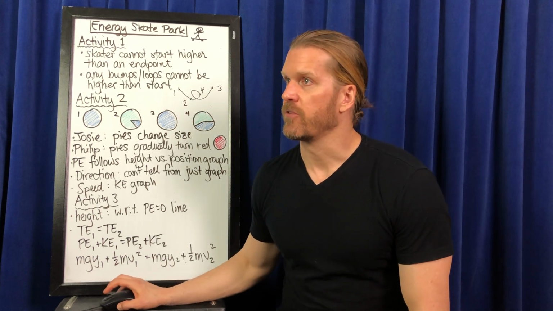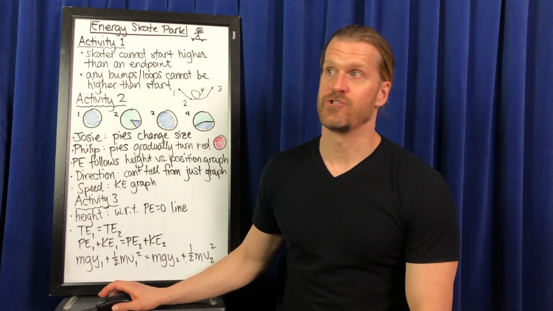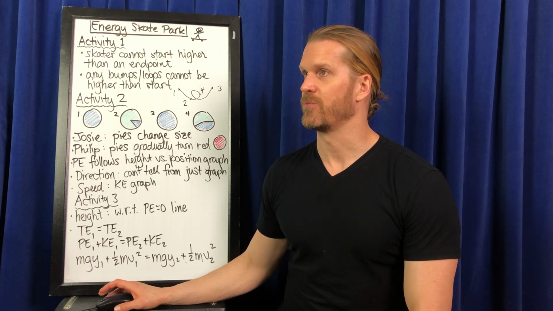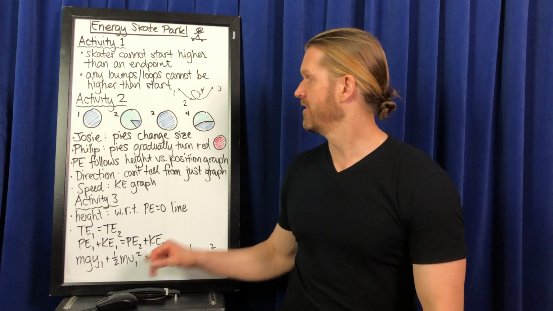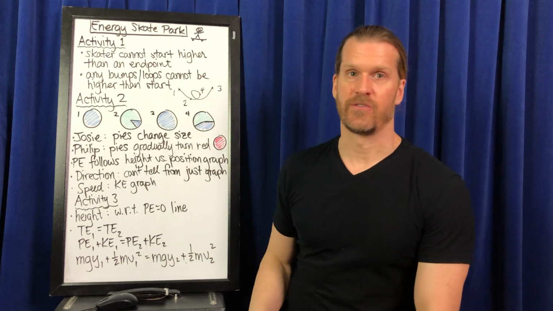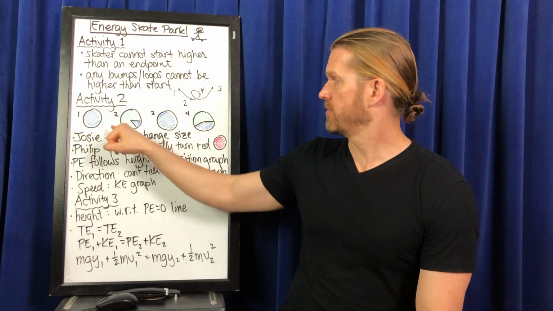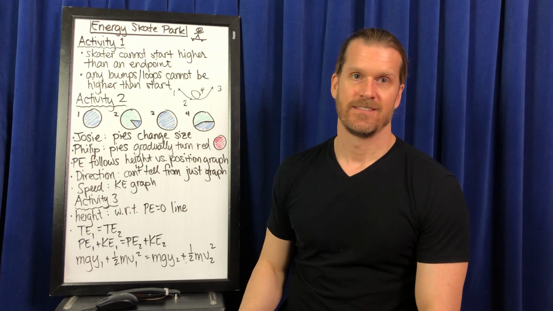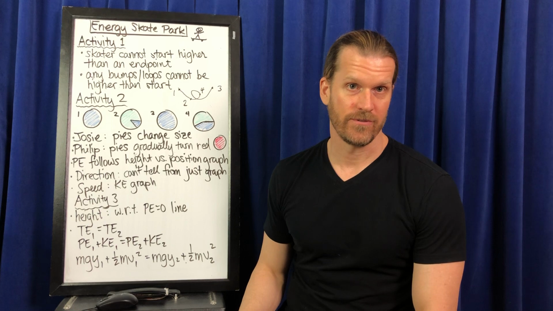Let's see, what are some of these other questions? Okay, pretend that you can change the ball to different objects. So we can change the mass of the object on this track. What's going to happen is that the total energy is proportional to the mass.